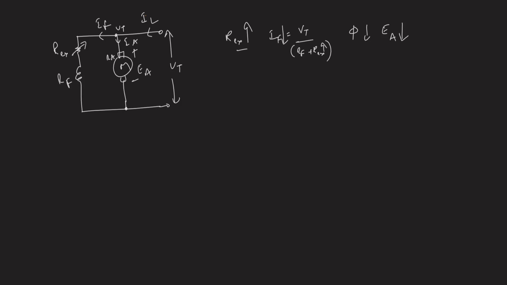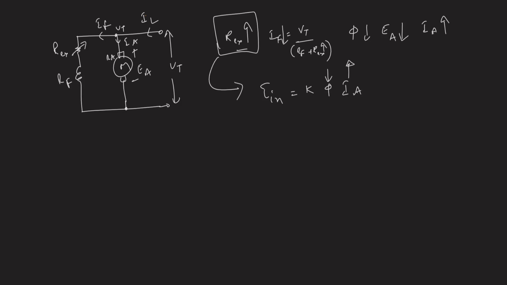So when EA decreases, then IA increases, because IA is equal to VT minus EA by RA. So when IA increases, what happens? Now see, tau induced is a function of K, phi and IA. With the increase in external resistance, flux is decreasing and an increase in armature current is taking place.